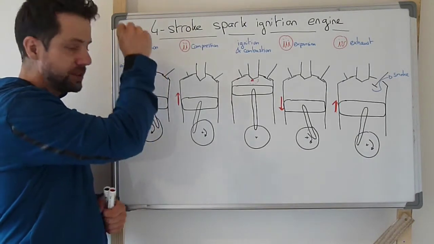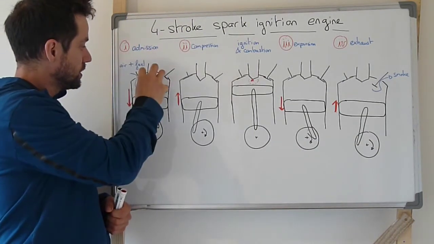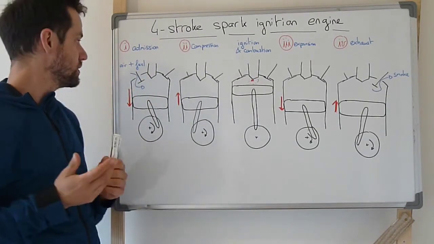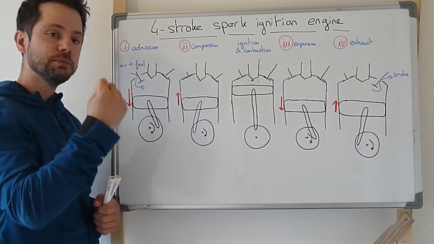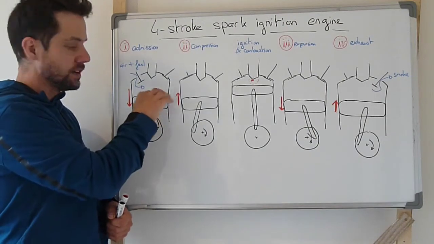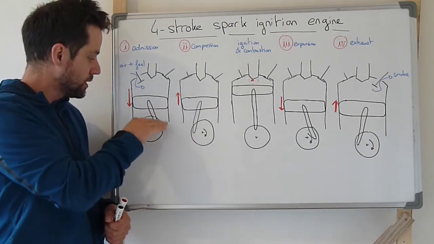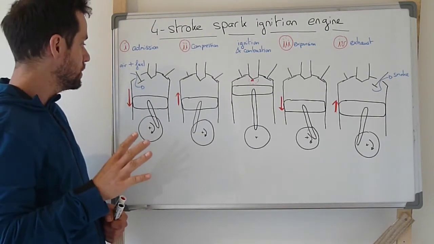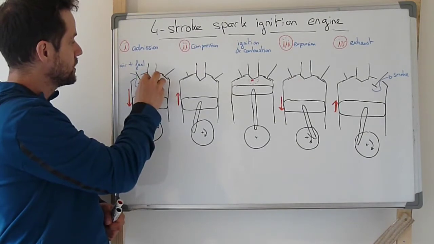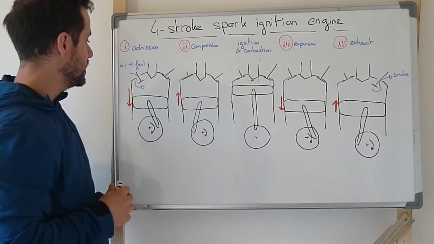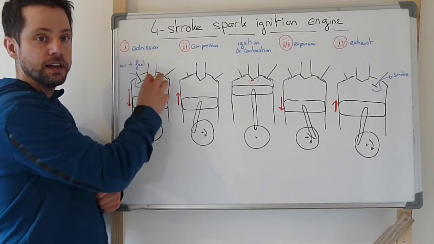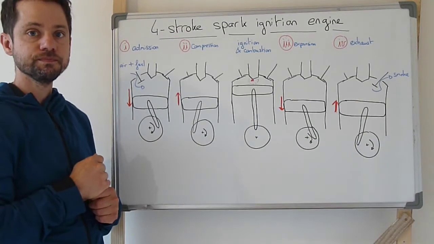So the piston is going down. We fill the volume inside the cylinder with this mixture of air and fuel, and because we have a sinusoidal movement of the piston, then the velocity of the piston is decreasing when the piston is reaching the bottom dead center, and the pressure is equilibrating between the inside of the cylinder and the admission line, and we usually have the same pressure as the admission line at the end of the admission stroke.